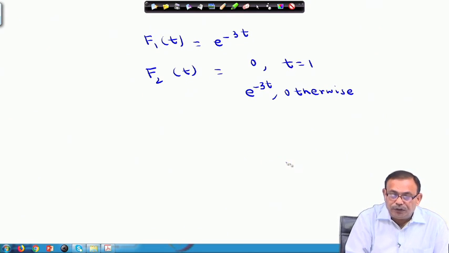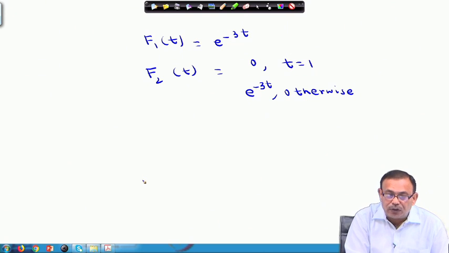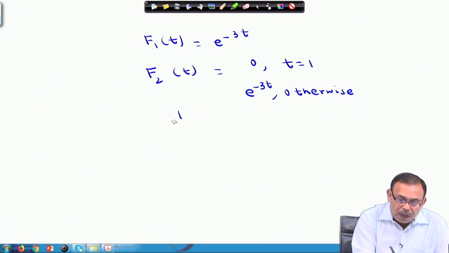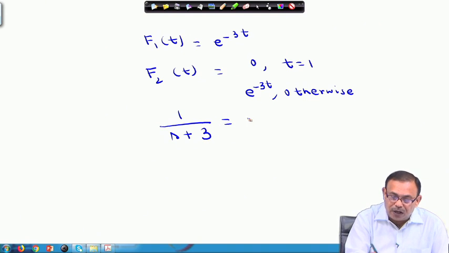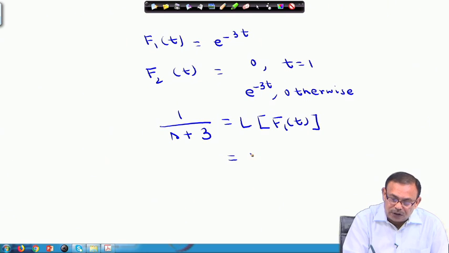If I take these two functions and calculate the Laplace transform of both, you will find that they are the same. That is, it is equal to 1 by s plus 3, the Laplace transform of f1(t), and this is also the Laplace transform of f2(t).